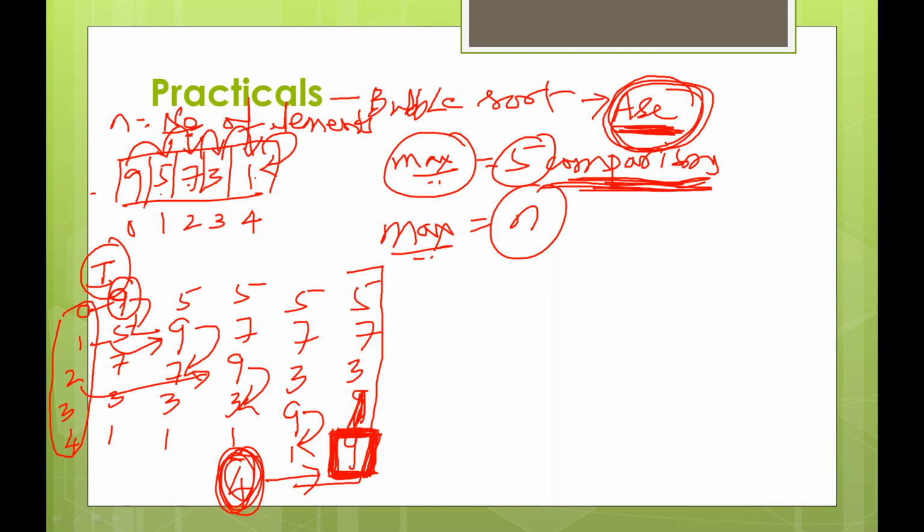After the first comparison, it came down from the 0th index to the first index. Second comparison, second index. Third comparison, third index. Fourth comparison, it reached its position, the largest position. So what we are saying is it is bubbling down. The largest number is bubbling down, and after all the comparisons are done, it reached its position.